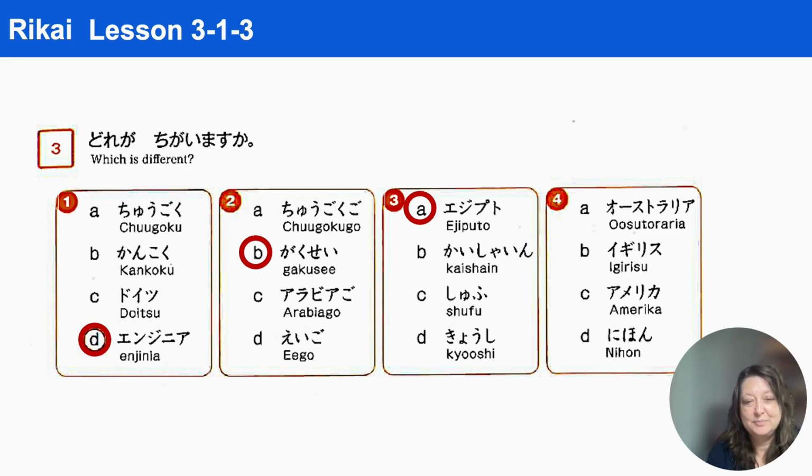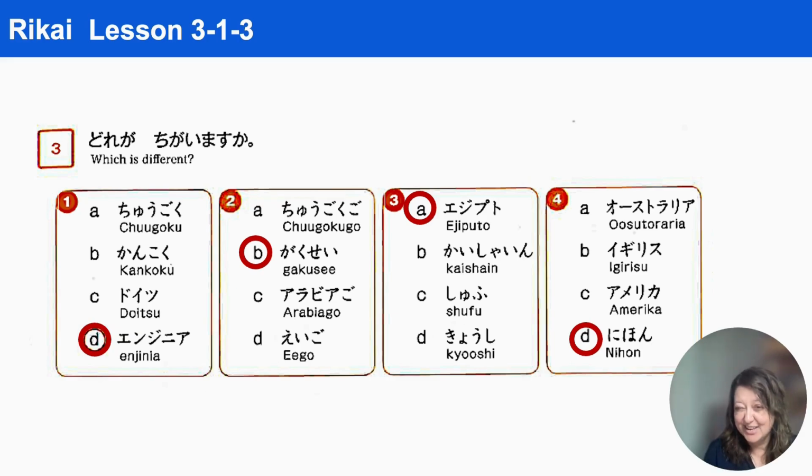Number 4. オーストラリア、イギリス、アメリカ、日本。どれが違いますか? 日本。Now, why would Nihon be different? All 4 of these are countries. It could perhaps be that Australia, Igris, America speak English.